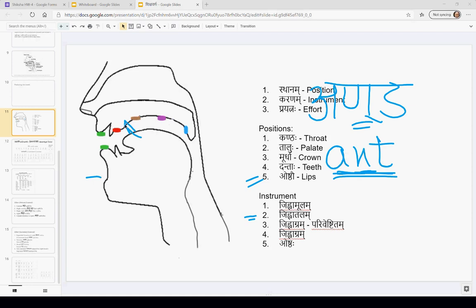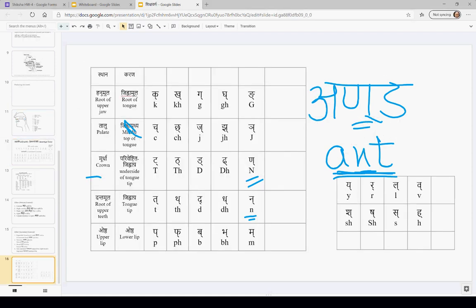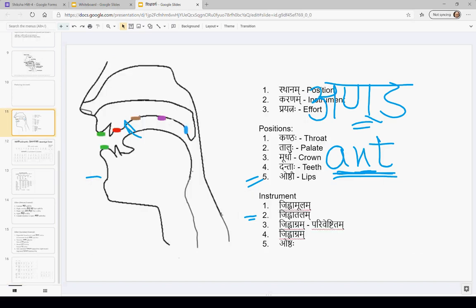But in Sanskritam, as on this chart, we have this murdha here, which will have us move the tongue still upwards, where there is a little bit of a curve, in that position. And then we'll have to touch that with the back side of the tip of the tongue.